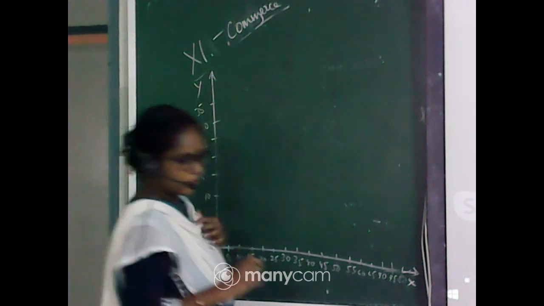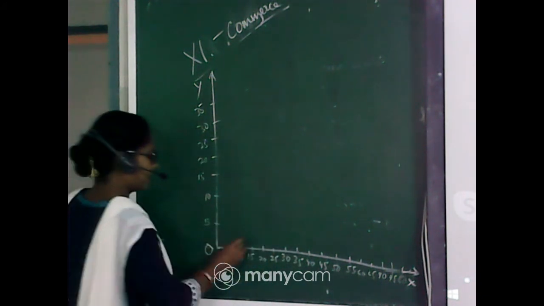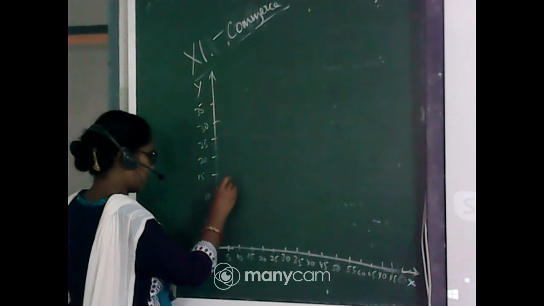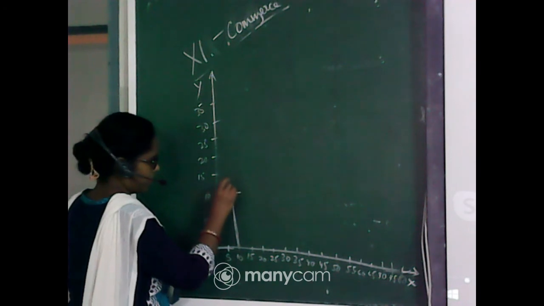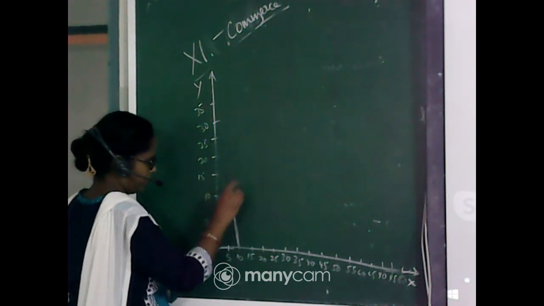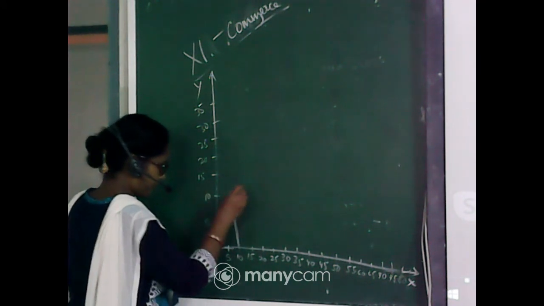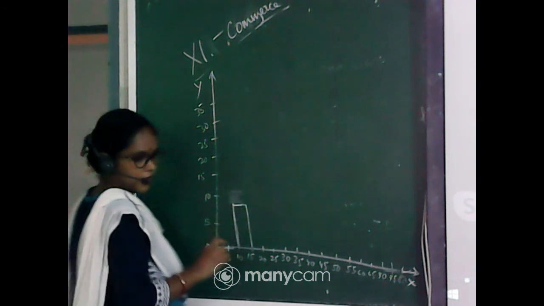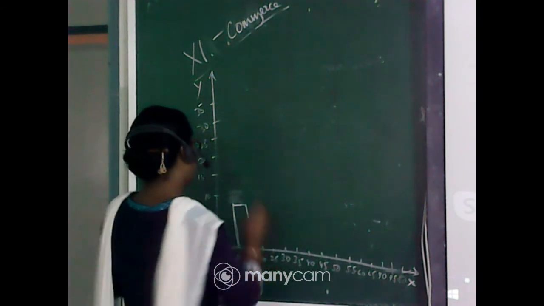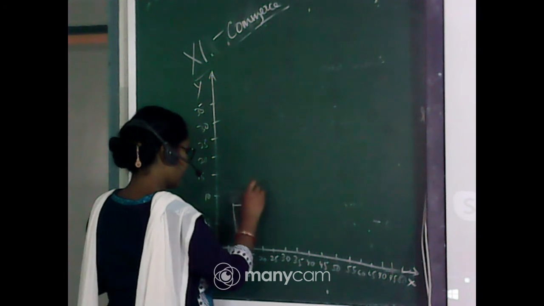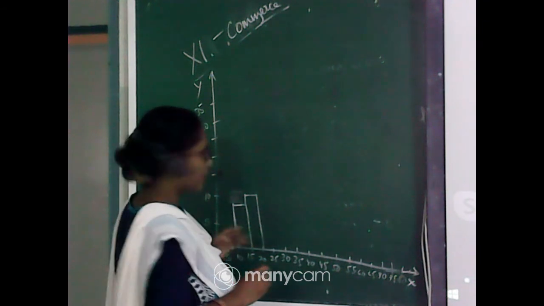First, 10 to 15, frequency density is 7, just below the 10 to 15 it is 7. Next, 15 to 20, 10. Next, 20 to 25, 27.